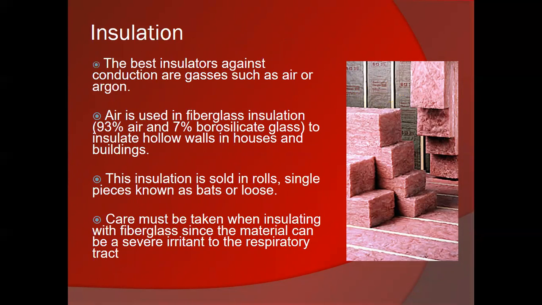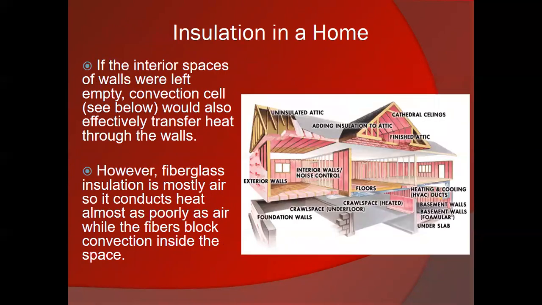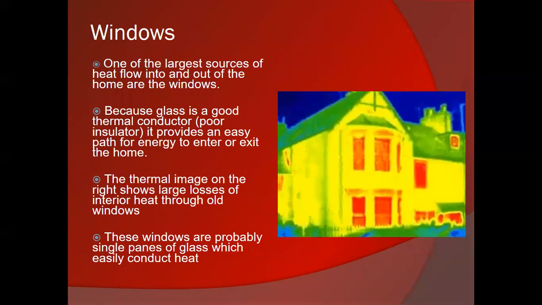It's like putting a coat on your house, if you will. And depending on what kind of structure you're in, the more insulation you use, the more energy that you save, and the less your heating and cooling bills.